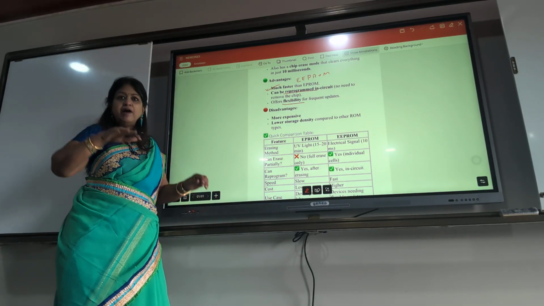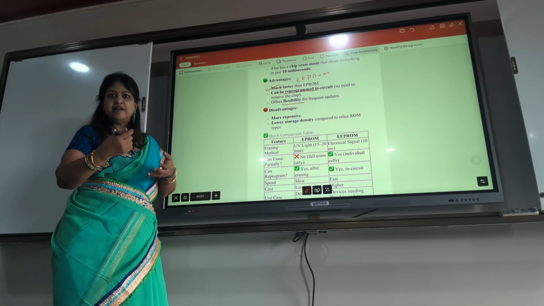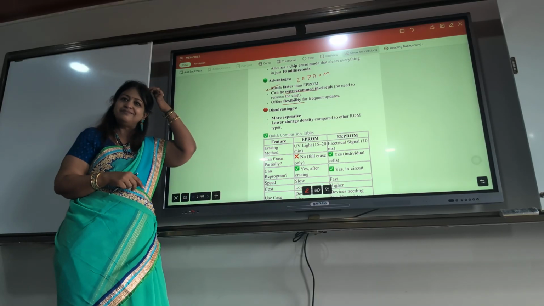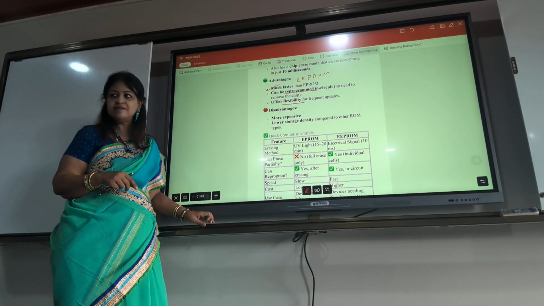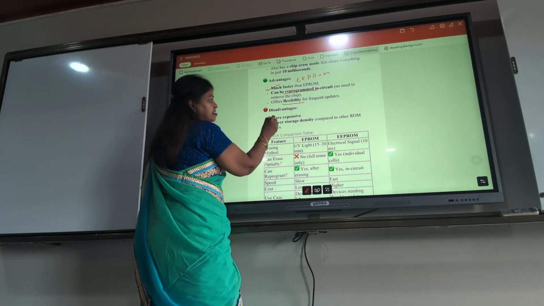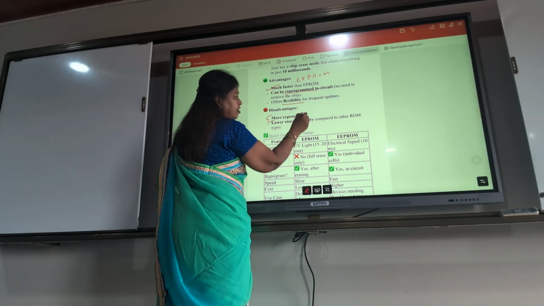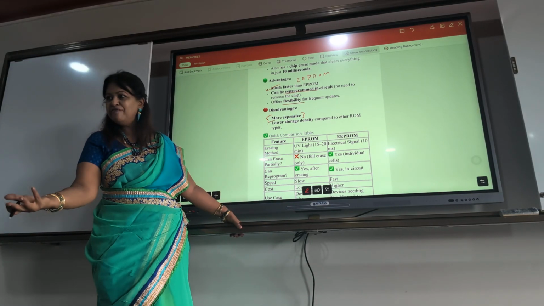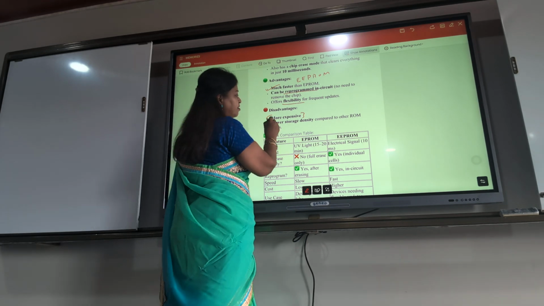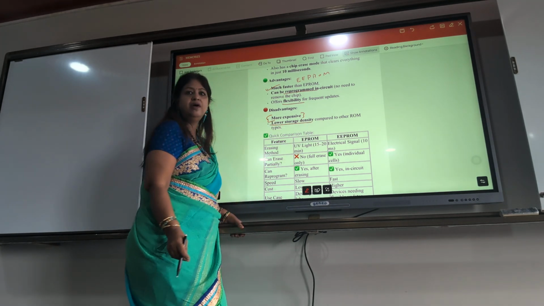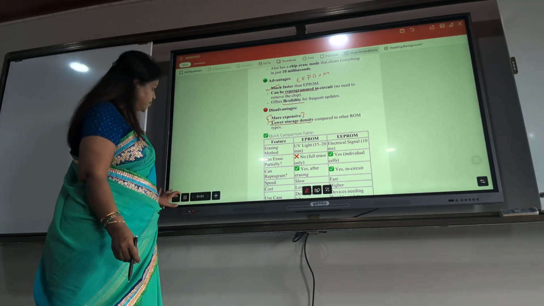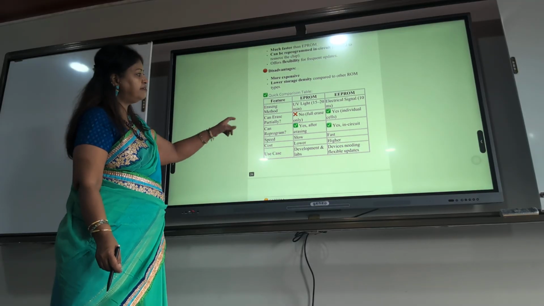Whereas with EPROM, I have to remove the chip from the circuit and keep it inside the UV. Are you able to understand the difference? Because of all those facilities, it is considered expensive. When you want more facility, it will be expensive. It also has lower storage density compared to other ROM types. So this is the difference between these two.